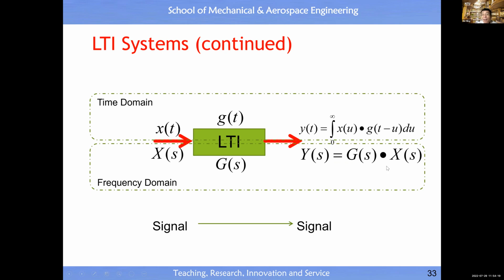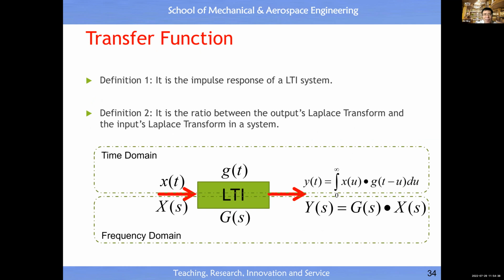You see, this is multiplication. So in frequency domain, we just need to know primary school mathematics, then we can handle everything. However, in time domain, you see, this is very complicated computation, all right? So that motivates you to use the Laplace transform as much as you can, all right?